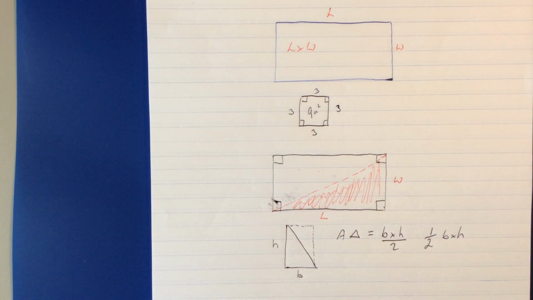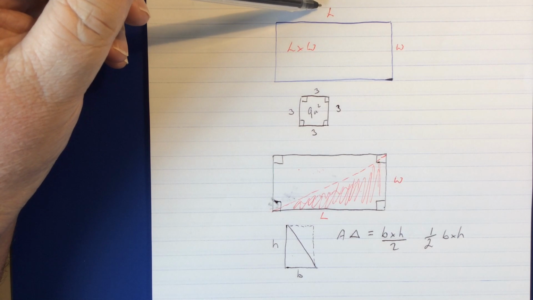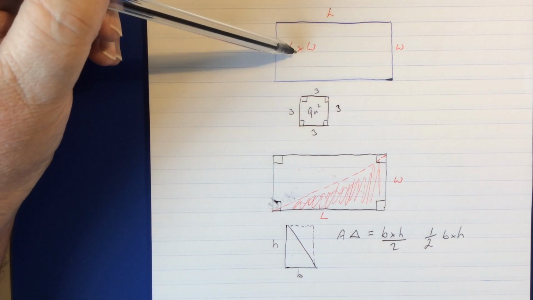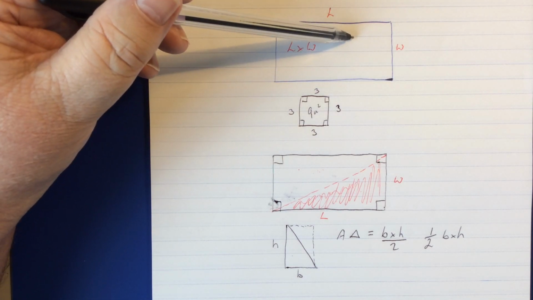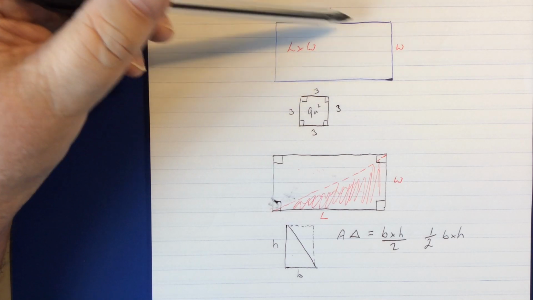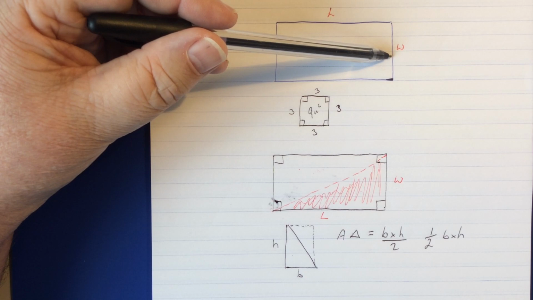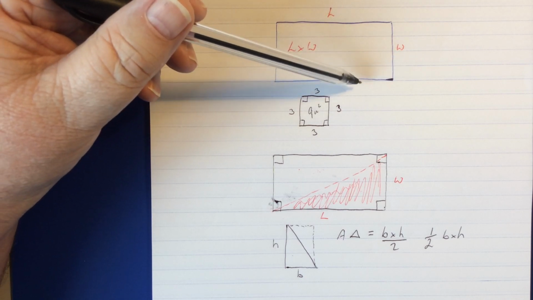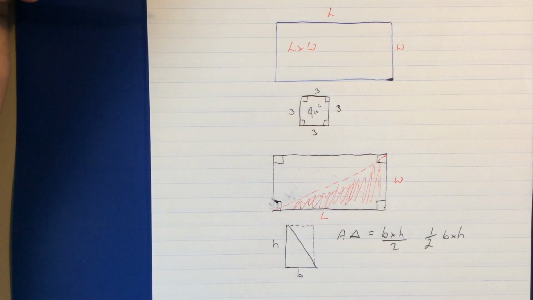So from this little 5-minute video, you should be able to get 2 formulas. The formula for the area of a rectangle, whether it looks like this or like this, is the length of it times the width of it. Sometimes people want to say the base times the height. That's absolutely fine.